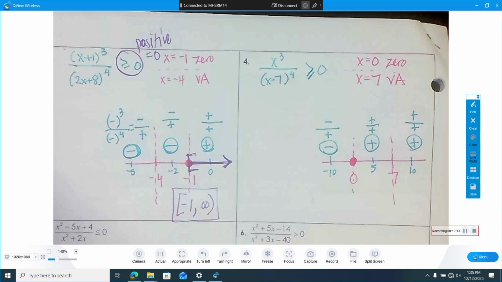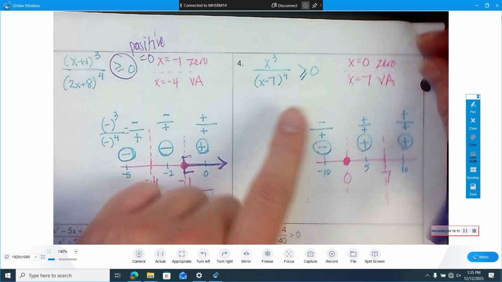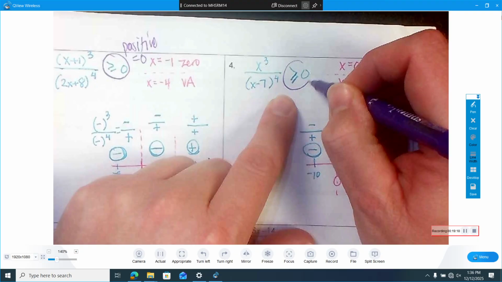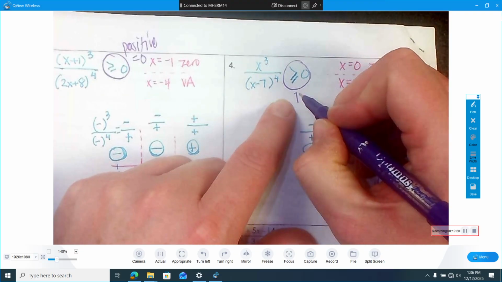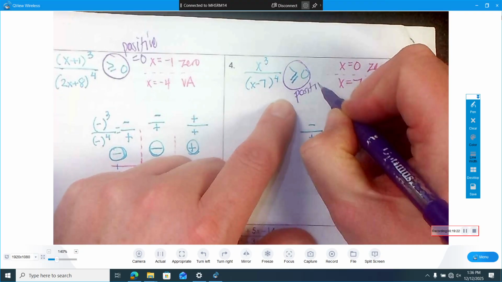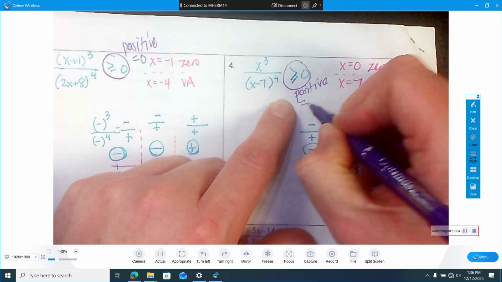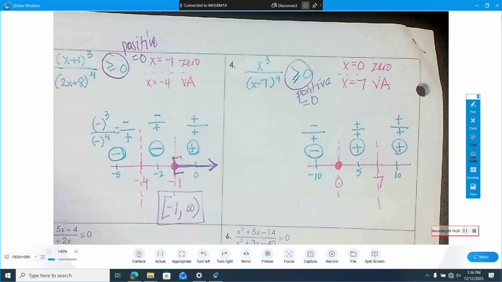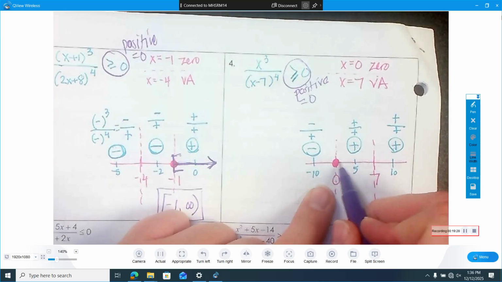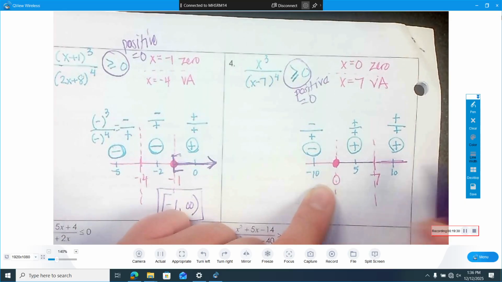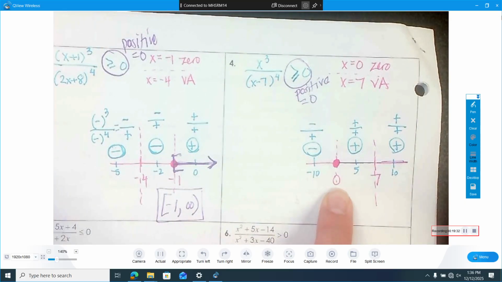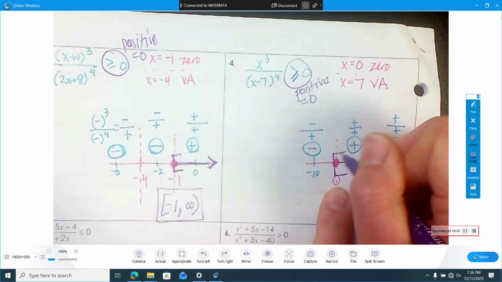All right, now that we've got our positives and negatives, we are trying to figure out where our function is positive or equal to 0, which is in these regions here. So what do we do at 0? It's equal, so that's a bracket there.